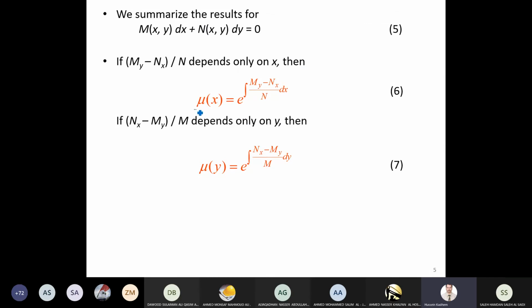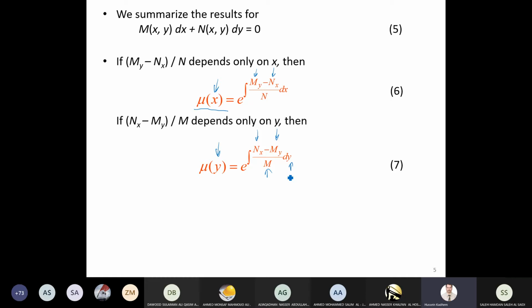If it is a function of x, mu equals the exponential of the integration of (My minus Nx) over N dx. And if it is a function of y, mu equals the exponential of the integration of (Nx minus My) over M dy.